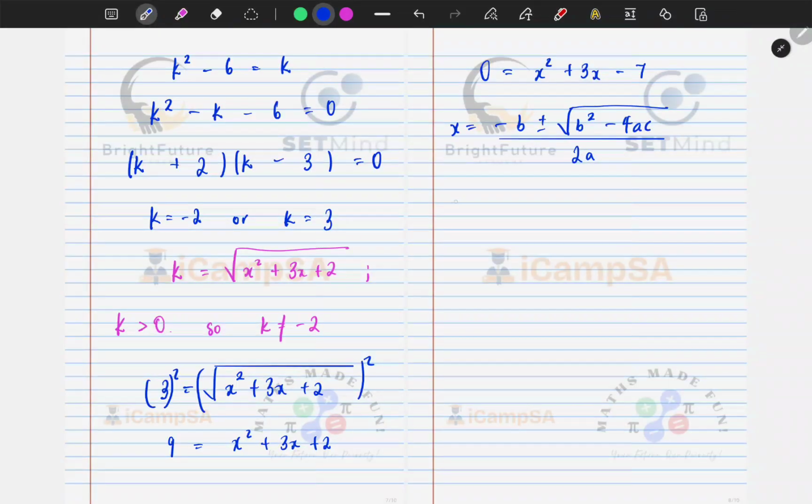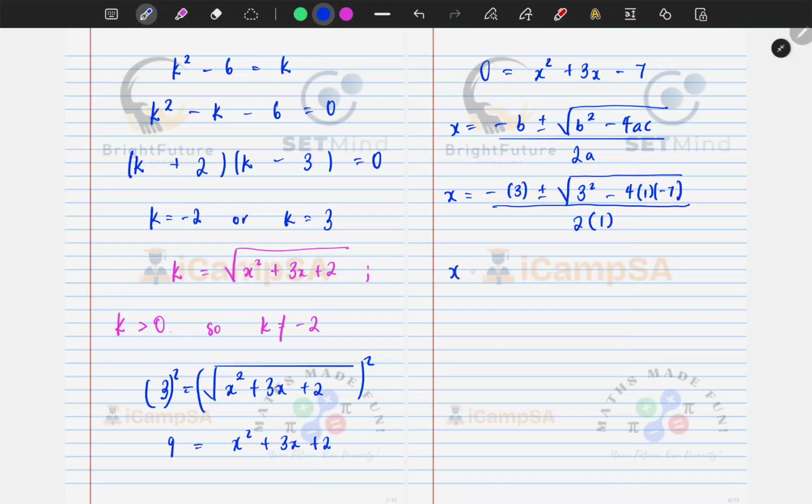So now I'm going to substitute. It's going to be x equals minus 3 plus or minus the square root of 3 squared minus 4, where a is 1 and c is minus 7, all over 2a, where a is 1.